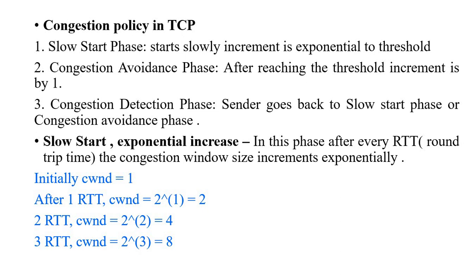First we have the slow start and exponential increase. In this phase, after every round trip time, the congestion window size is incremented, and this incrementation is done exponentially. Initially the congestion window value will be 1, and after one round trip time, what is meant by round trip time?